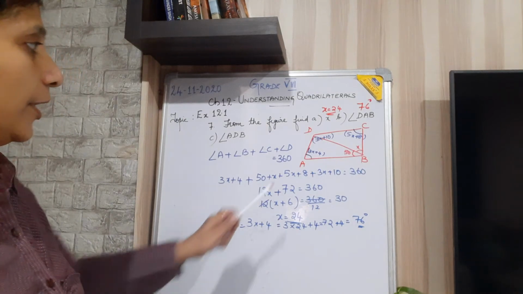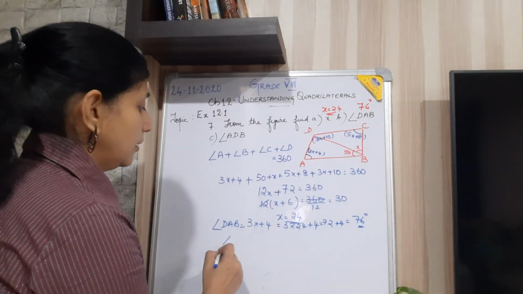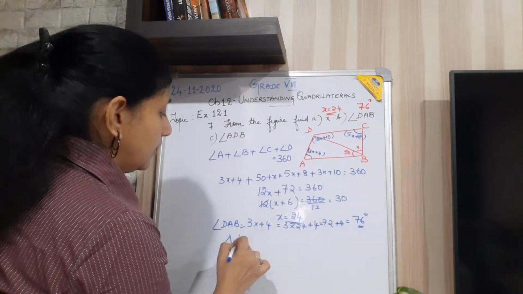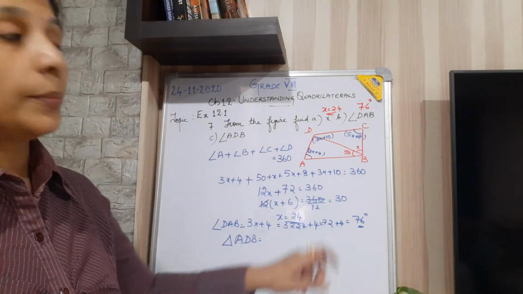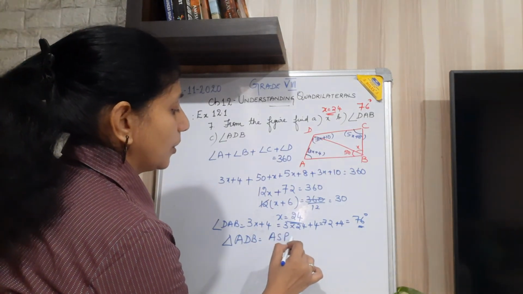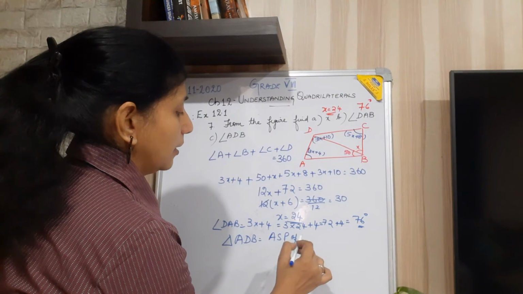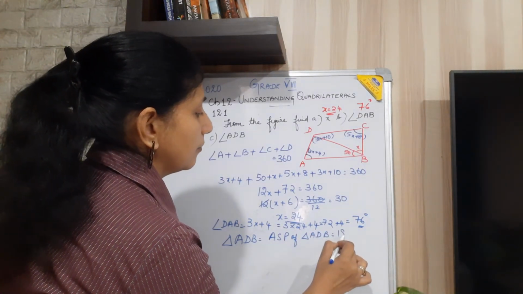Now you have to find ADB. ADB is in triangle ADB. The angle sum property of triangle ADB equals 180 degrees.